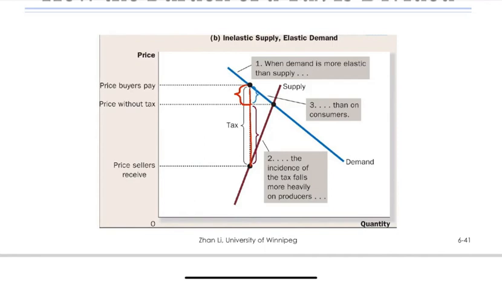And the portion of tax paid by the seller is given by this. And you can see that in this case, sellers are paying a large portion of tax, right?